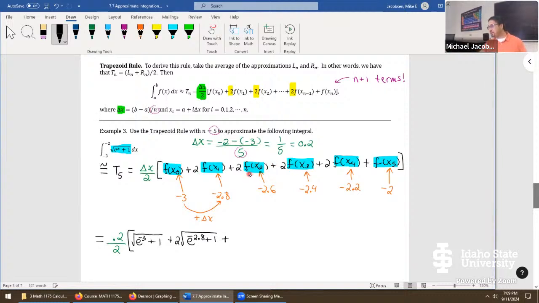And just keep on going. Your hand could get tired doing this after a while. So 2 root e^(-2.6 plus 1) plus 2 root e^(-2.4 plus 1). And just double checking, okay, we still need a 2 root e to the power of -2.2 plus 1.